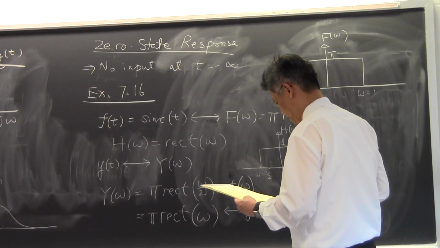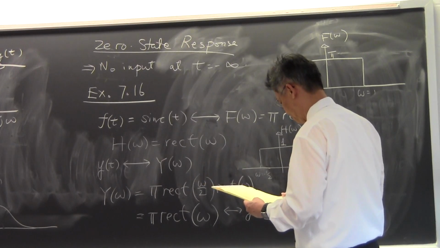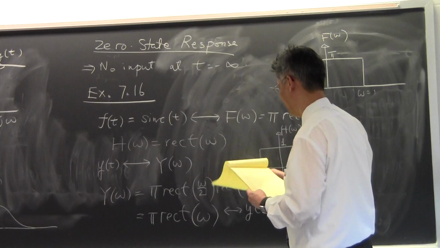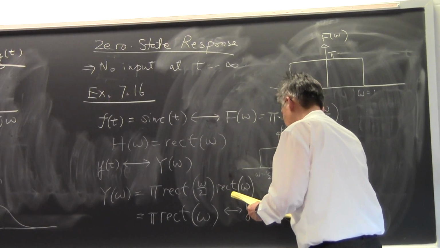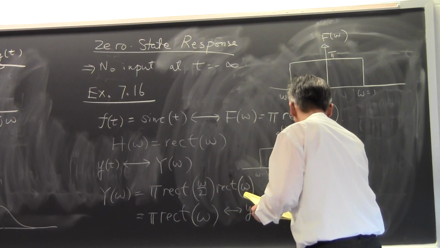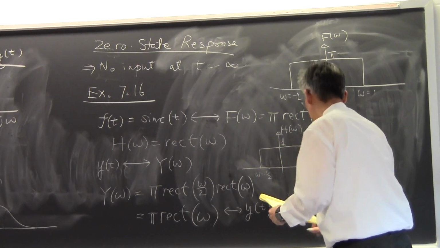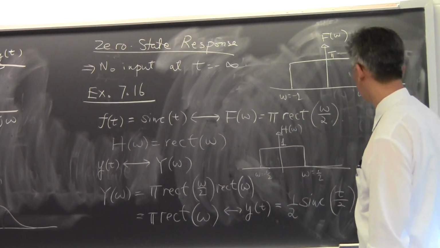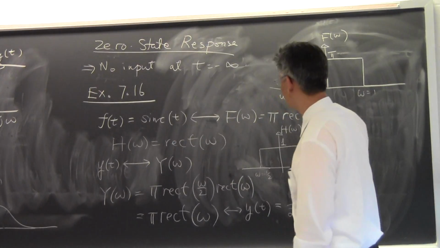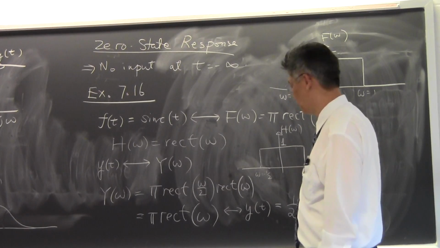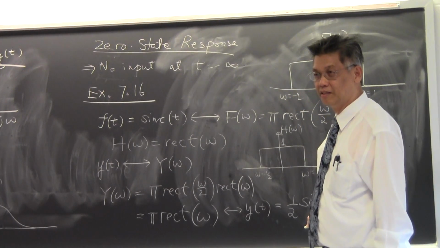And then you will get y of t to be equal to half sinc of t over 2. If the sinc Fourier transforms to this, and if you make omega over 2, it Fourier transforms to that. That is the scaling law.